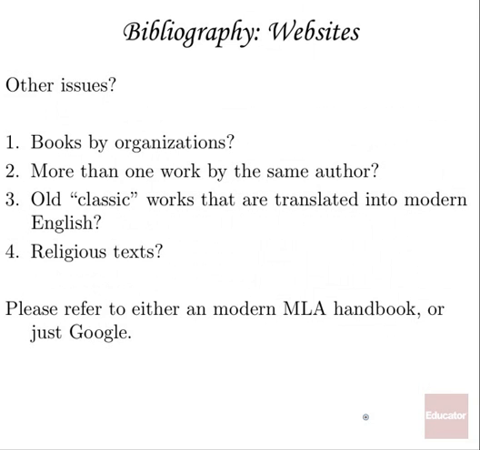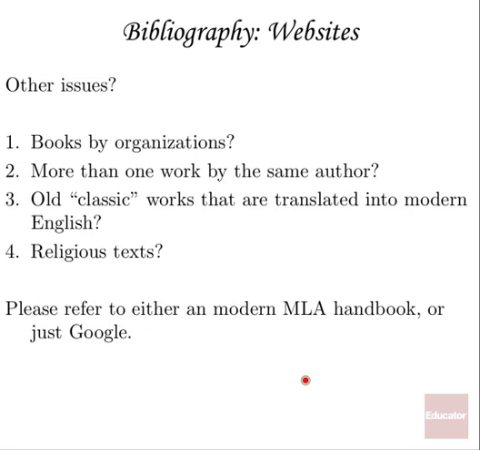So, what are some other issues that we can go over? Well, first off, we do have books by organizations. If a book is by an organization, that's another form of citation, and I leave it to you to look that up on the internet yourself, or rely on your copy of Word to get that solved for you.